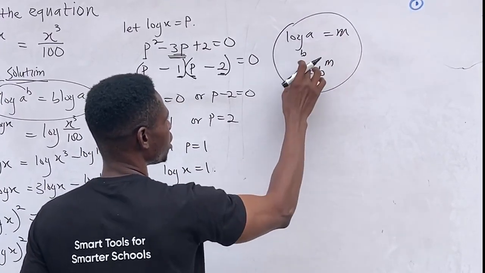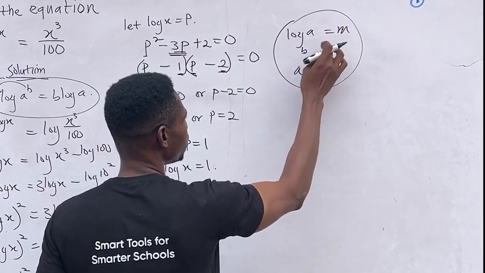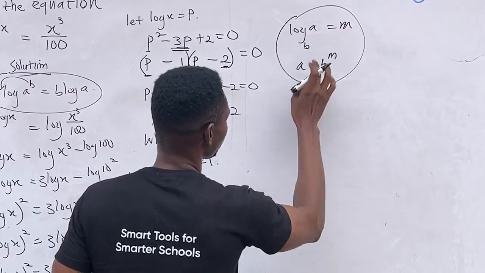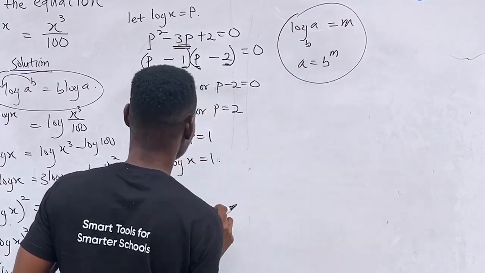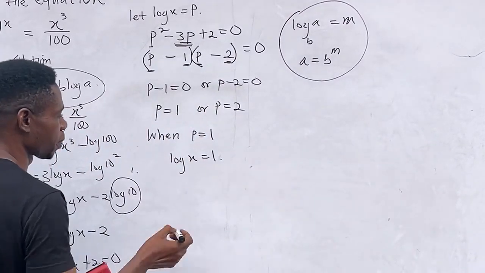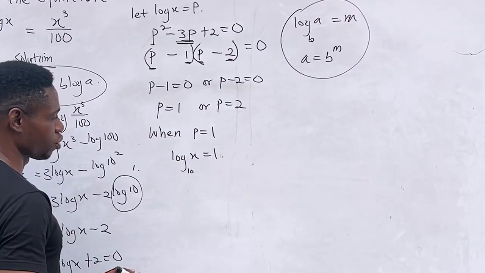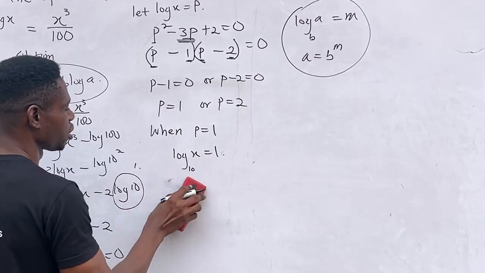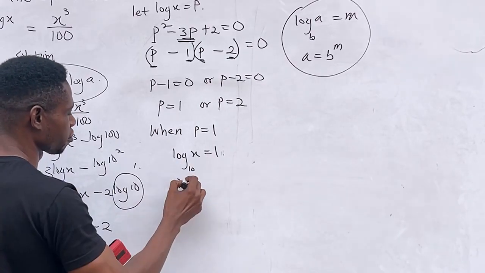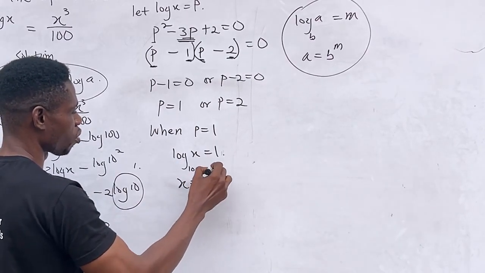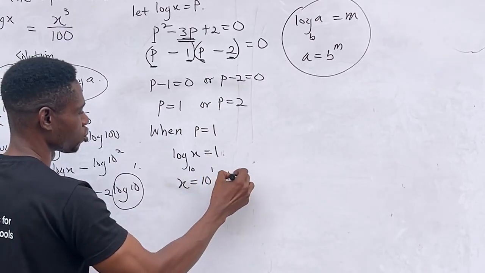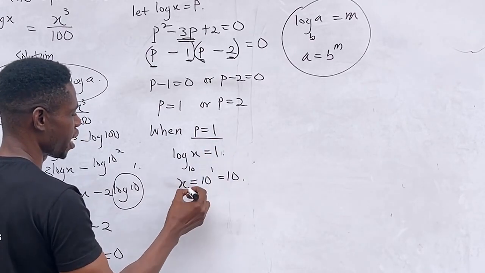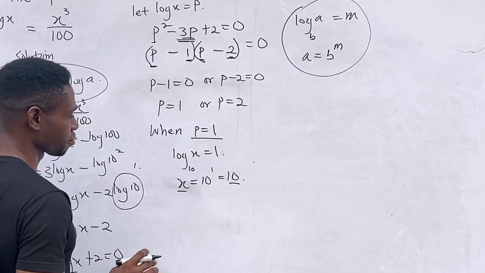The number of the log stays, the base comes this way and raises the m up. So now we can apply the same thing here. Remember I said this has base 10 when it's not written. So x, the number, will be equal to 10 raised to power 1, which is equal to 10. So when p is 1, x is 10.